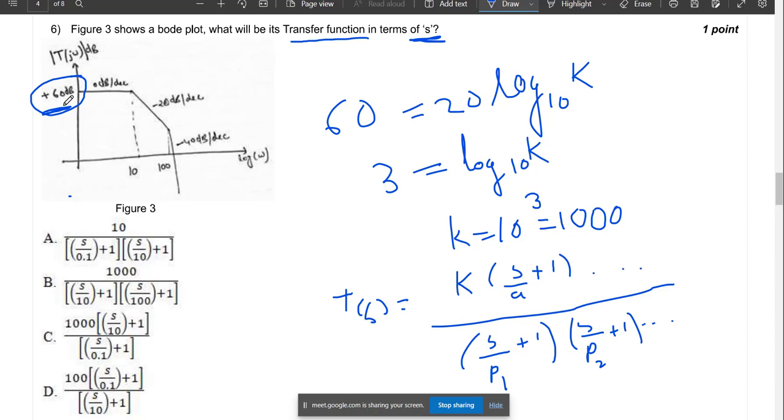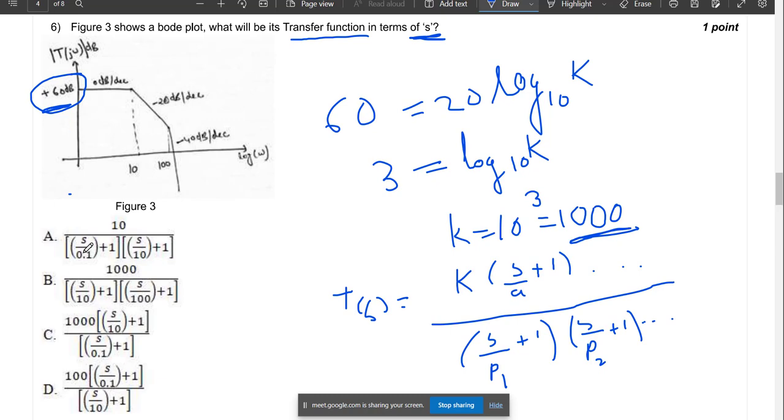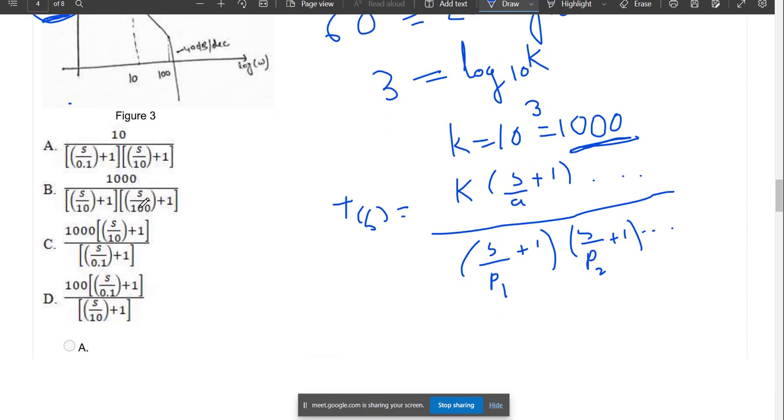Here it's 60 dB. So 60 dB becomes 3 equals 10 log k, and we got k as 1000. Just by looking at this, you can tell which will be the option. It looks like B can be the answer, but let's go ahead.